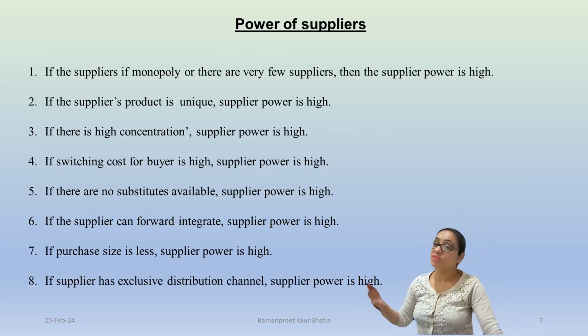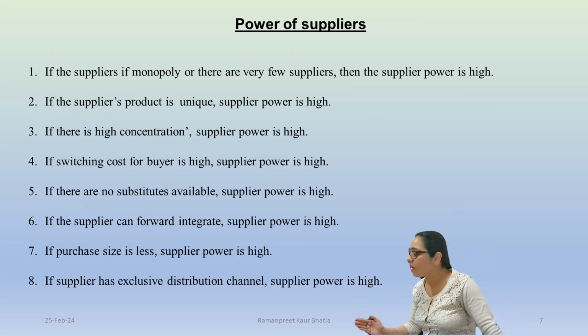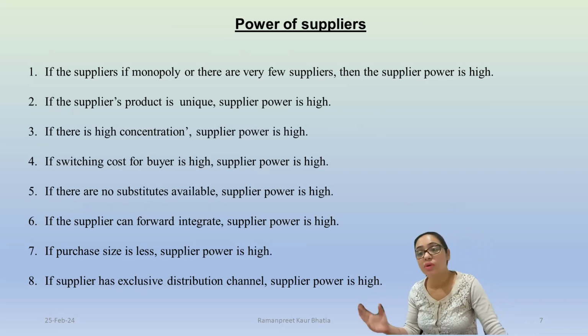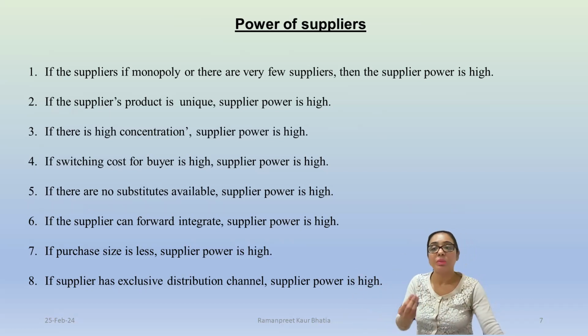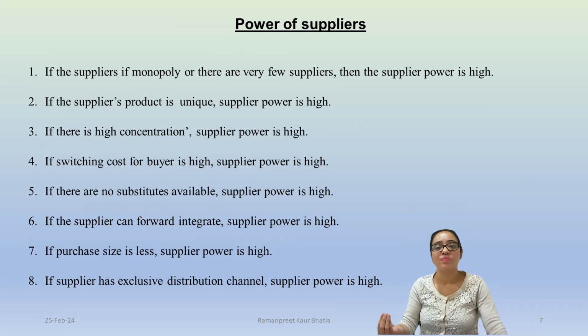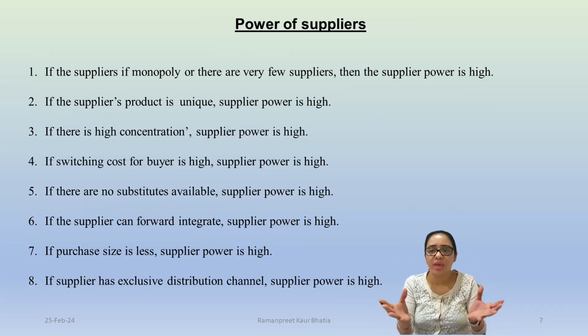That means Colgate has a very good distribution channel. So in that case, the power of the supplier who is distributing Colgate will increase, because knowingly or unknowingly, I'll be buying only Colgate because that is what is available in front of me, in whichever supermarket I go to, whichever place I shop from.